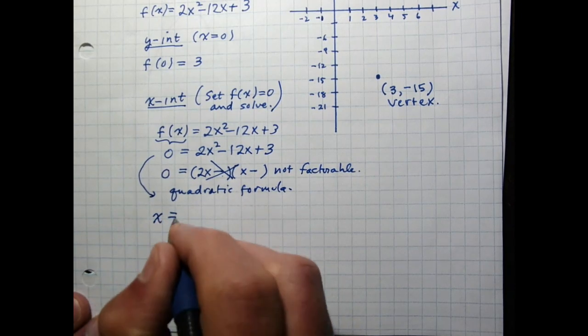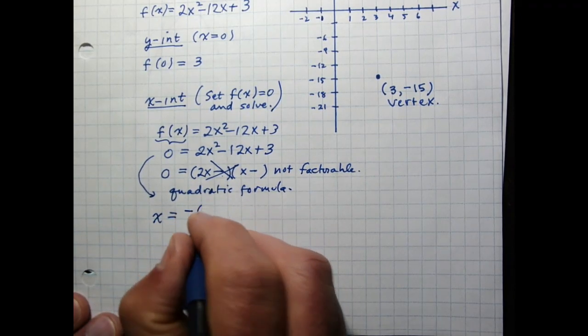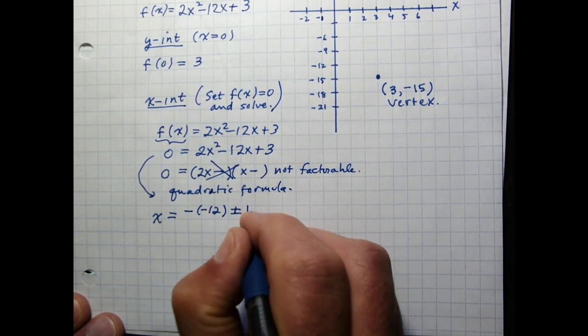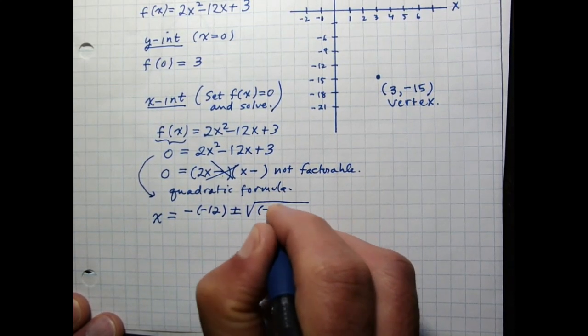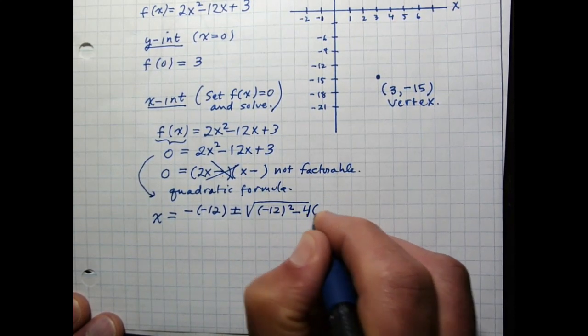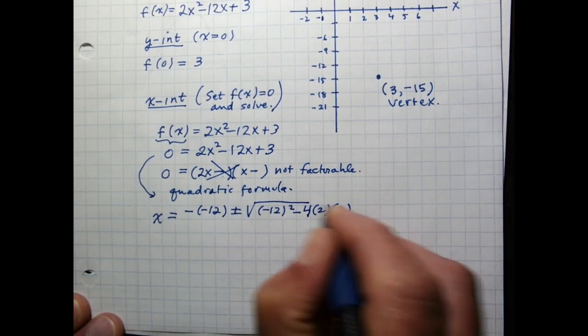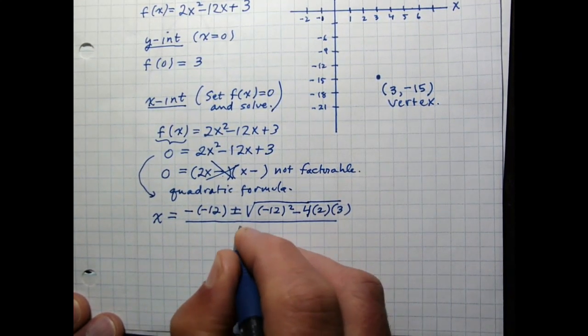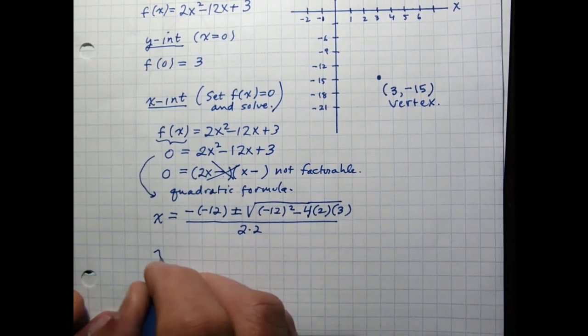X is equal to negative b, so that's actually minus a negative 12, because b is negative 12, plus or minus radical b squared, which is negative 12 squared, minus 4 times a, which is 2, times c, which is 3, all over 2a, 2 times 2.